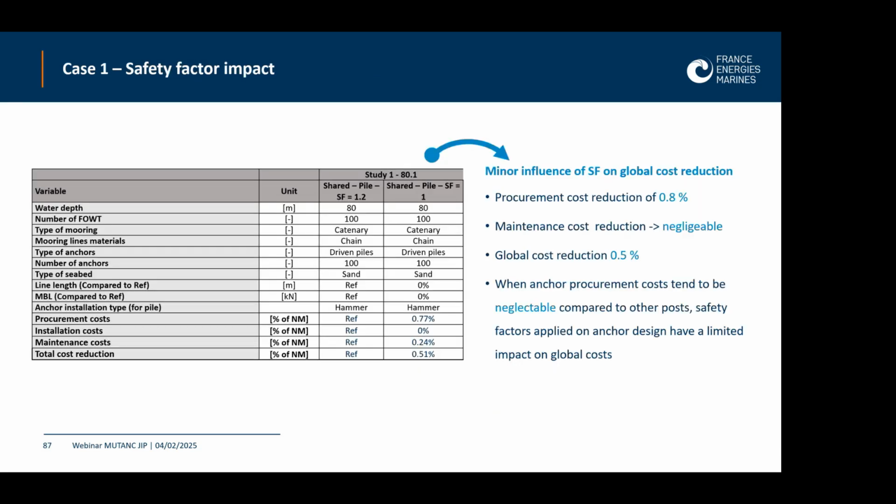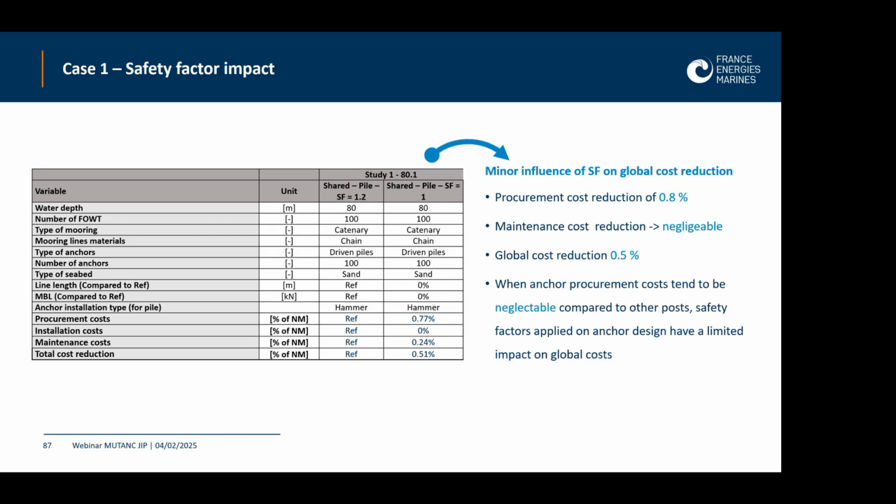Yeah, can go to the next slide. Then there will be a small slide on the safety factor for the shared anchor cost. As a base case, as I said earlier, I considered a safety factor of 1.2 for shared mooring lines, and I did a sensitivity by considering a safety factor of 1, so no safety factor at all.